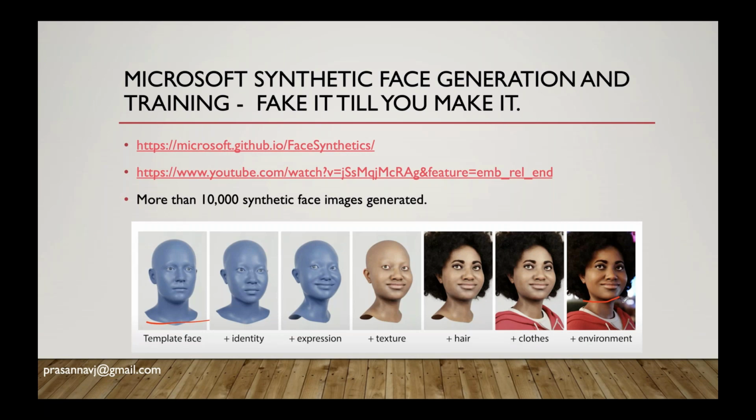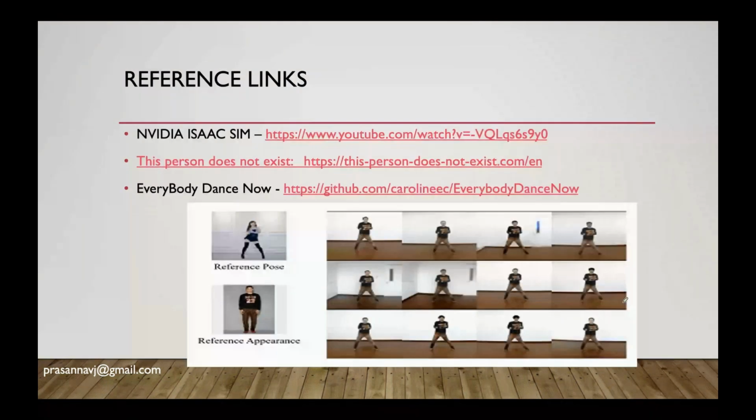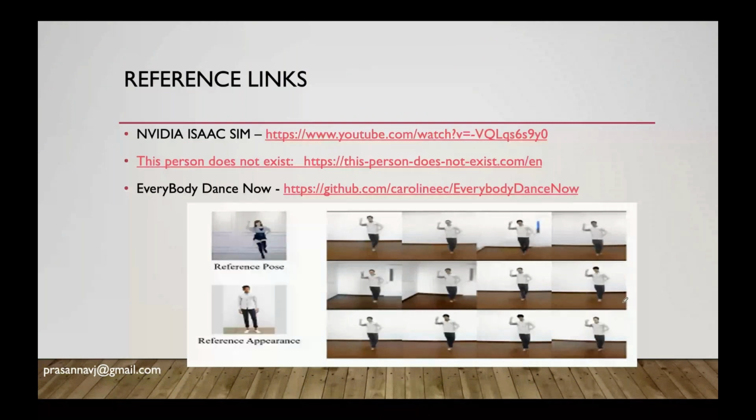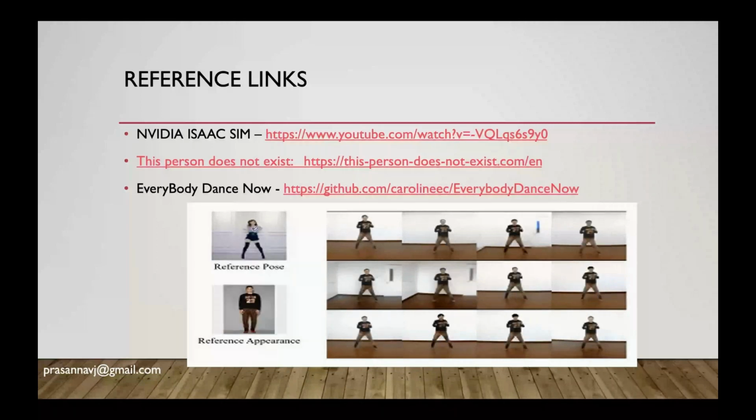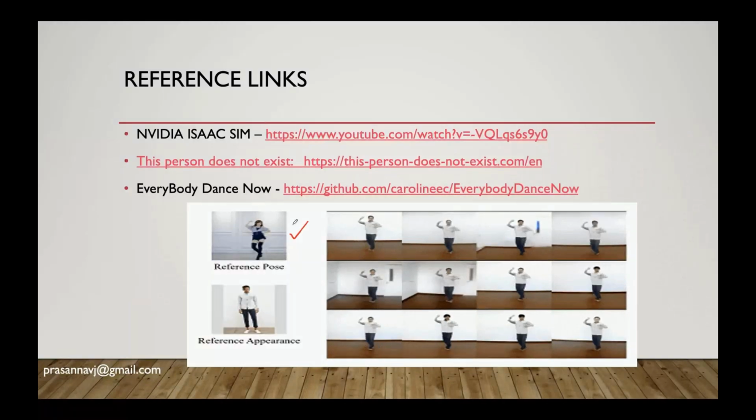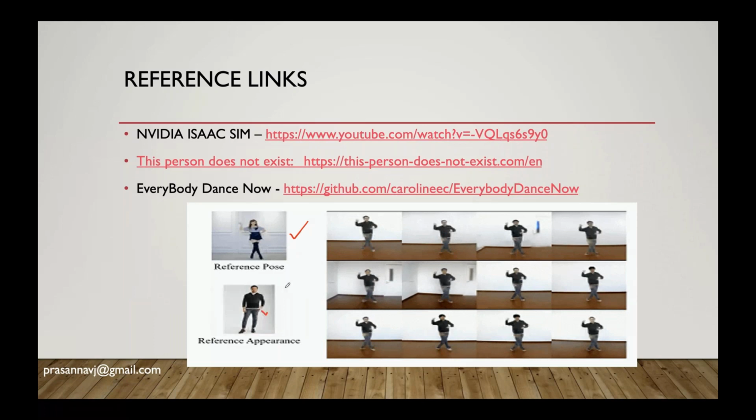And this is another example, Everybody Dance Now, an example of how a reference pose works. The actual dance was done by only this girl, and you take the reference pose, and that reference pose is embedded onto the actual footage, and you see it as if this person is actually dancing here, but effectively this is the person who is actually dancing.